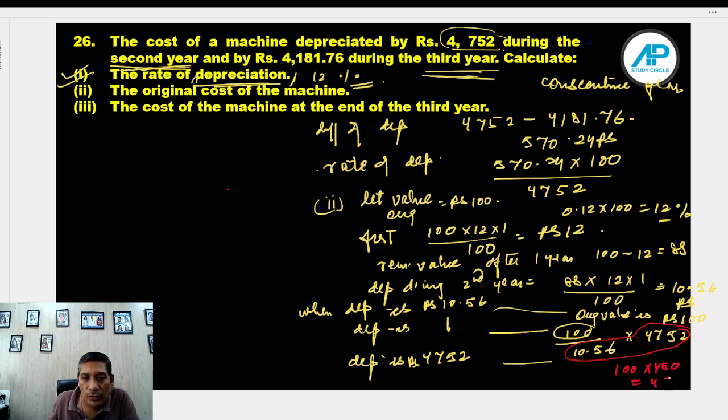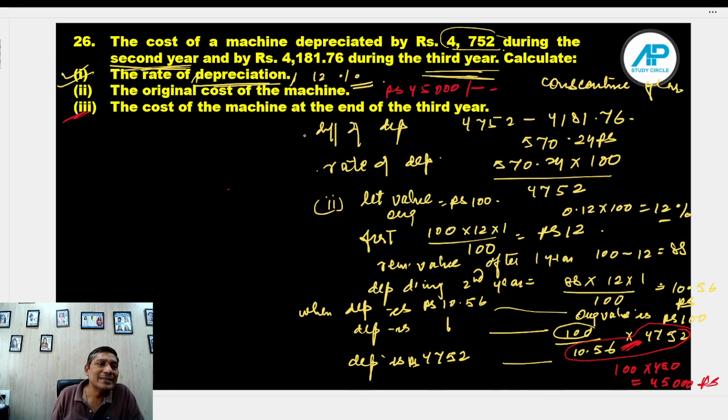The original value of the machine is 45,000 rupees. It will always happen like this, that these two values will be somehow settled down completely. So don't use 100 for the calculation. Simply solve these two values and multiply by 100. So I've got the original cost as rupees 45,000.